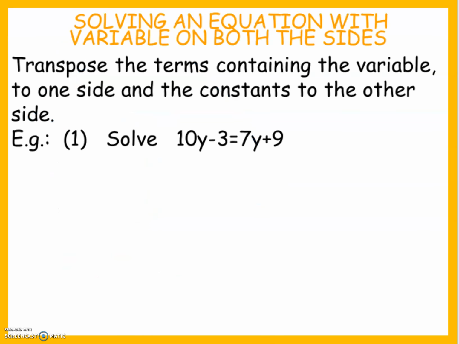Okay, what happens if I have a letter on both sides of my equation? I simply do as I did with the numbers. I can move my letter from one side to the other of the equation, but I remember to change its sign. Let's see the example. 10y minus 3 equal to 7y plus 9.